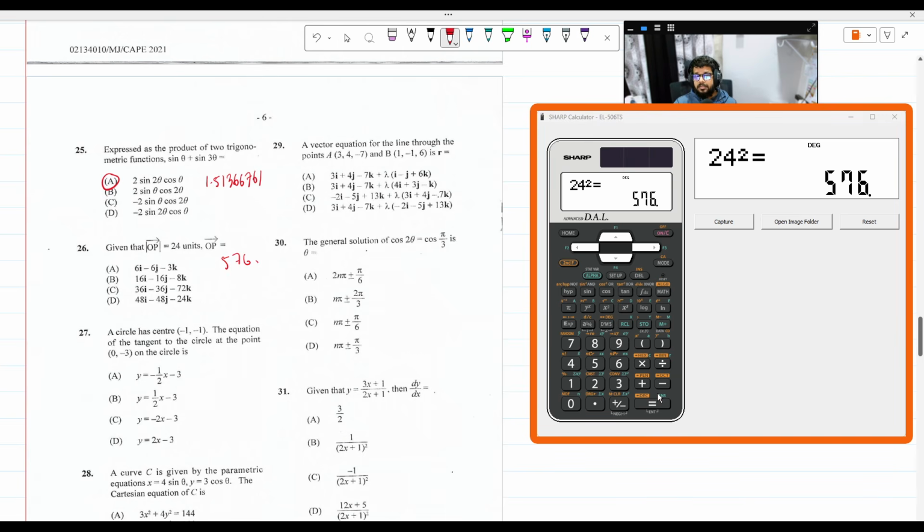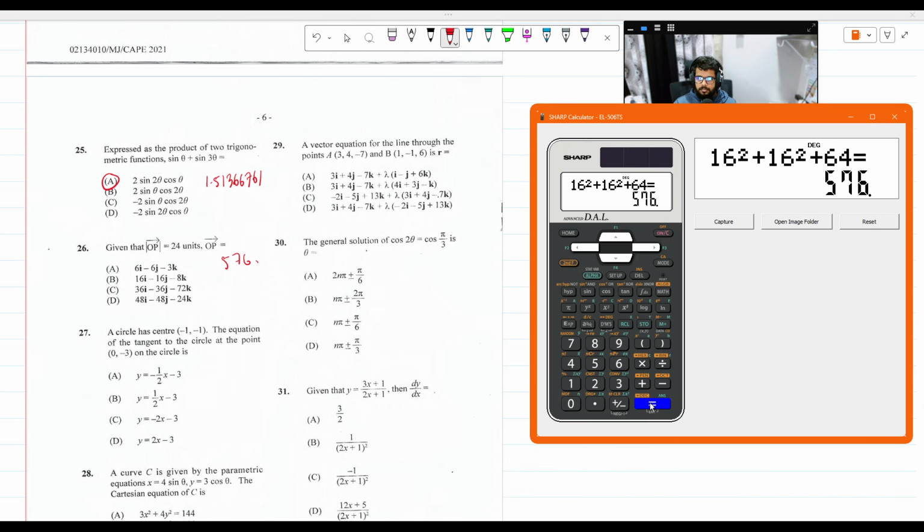Let me check the second one. 16 squared plus 16 squared plus 64. 576. Yep, B is the answer. Now, I know that with negatives, it's supposed to be the square root of 16 squared plus open brackets minus 16 squared plus open bracket minus 8 squared. But minus 16 squared is the same thing as 16 squared, so I'm not going to even bother with the negatives, just to make life a little bit faster.